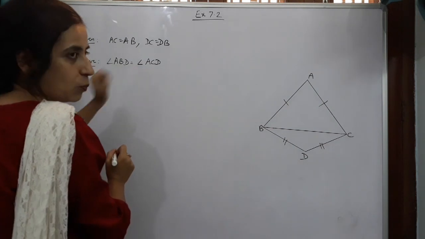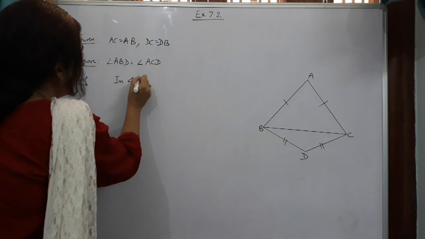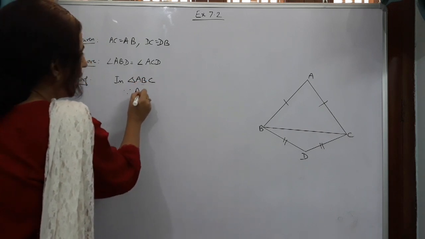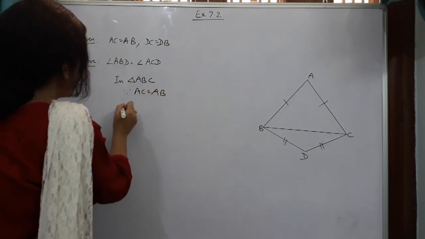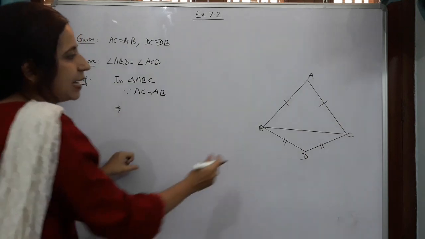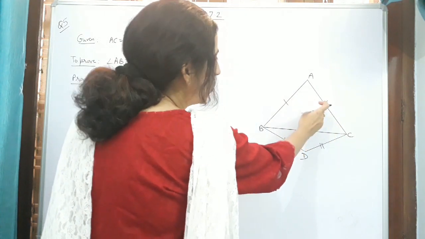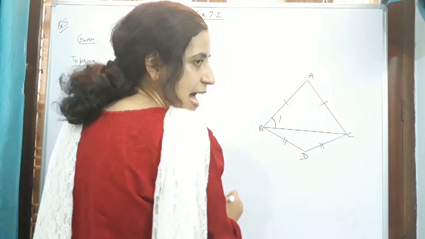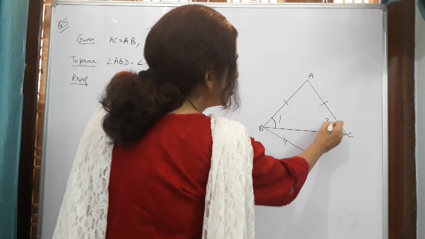Now we have to prove this. So first of all, we take triangle ABC. In triangle ABC, since AC is equal to AB, this is given to us. So this implies that angles opposite to equal sides will also be equal. So what is the angle opposite to AC? This angle. We name it as angle 1, and the angle opposite to AB is angle 2.